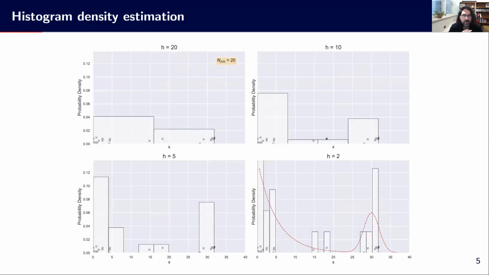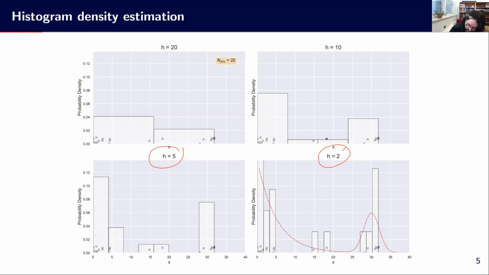Let's get now an example where we are varying the width. The first case here on the top, we have an H of 20. So it means that we have like 2 bins in here for 20 samples. So it is too coarse. What we see here is not that meaningful. If we go with a smaller width, we get that thing here, which seems to be more precise.